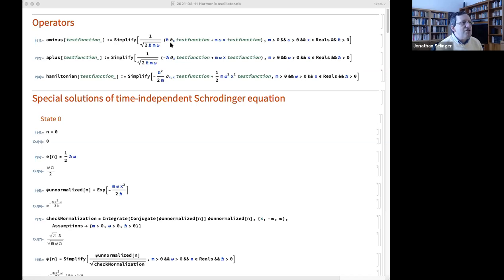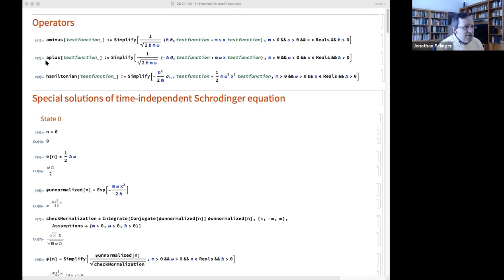So A minus produces h bar times the x derivative of the test function plus m omega x times the test function, and all of that divided by this square root. It's simplified with the assumption that all these parameters are positive or real. That's A minus.